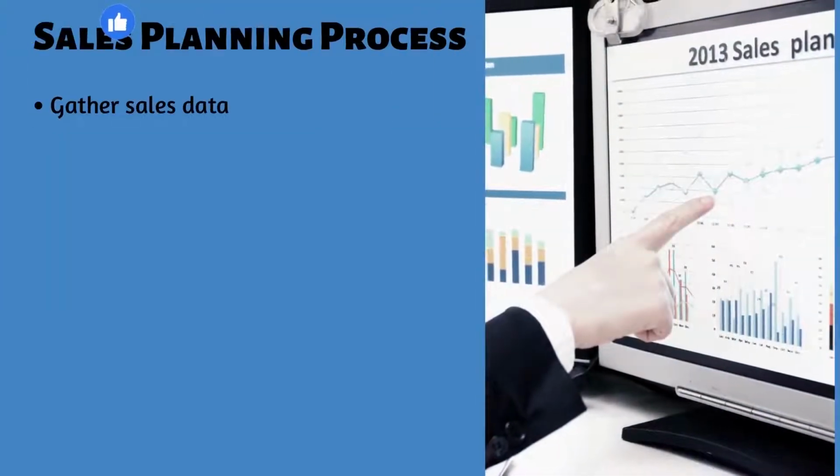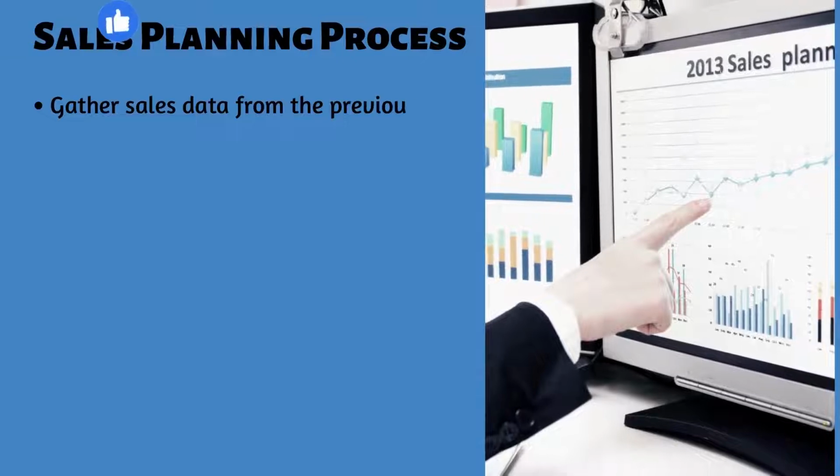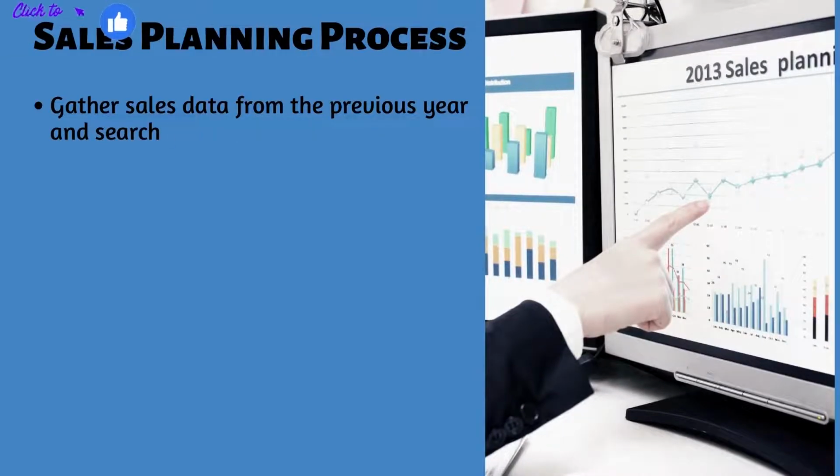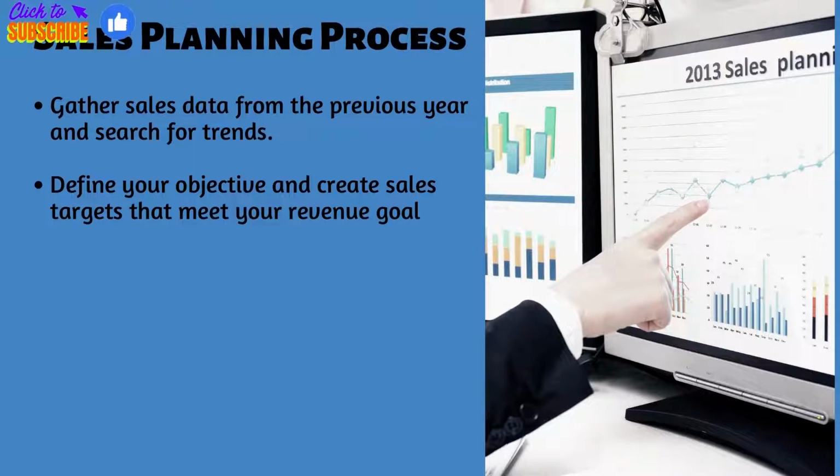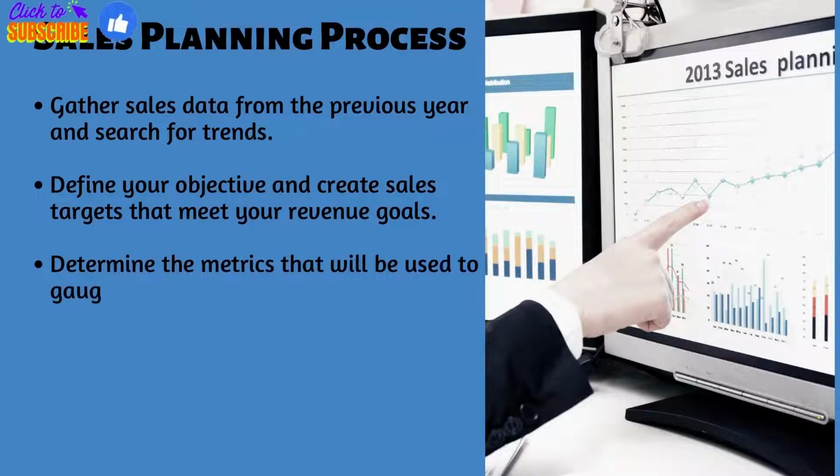Now, one thing to keep in mind is that sales planning doesn't just encompass the creation of a sales plan document. In order for that document to be more than something that gathers dust on the bookshelf, a high-level strategy is required. Now, here you need to have your sales planning process.